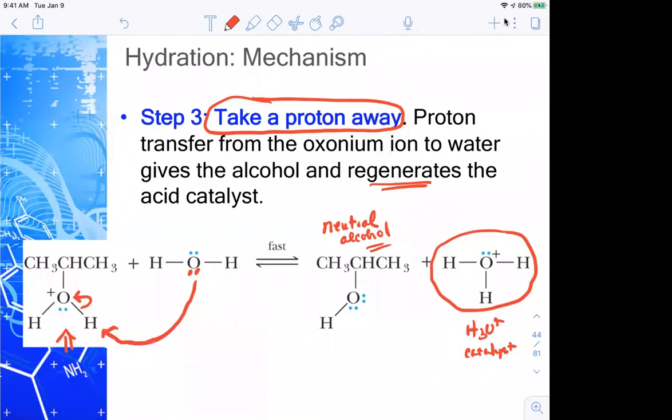And again, you have to show these various steps when I ask you to draw a mechanism. So you have to be very particular on how your bonds are forming and how your bonds are breaking. So again, these electrons end up as the lone pair. And these electrons end up forming this OH bond.